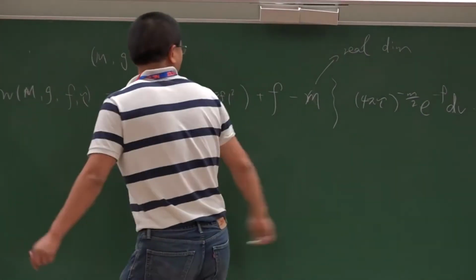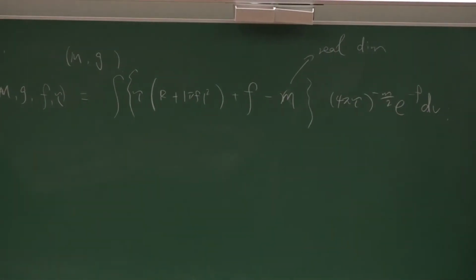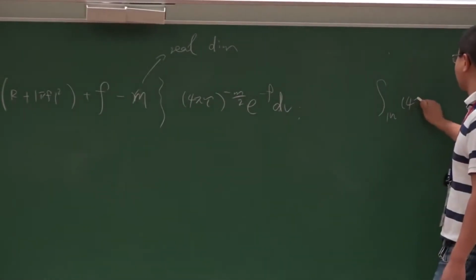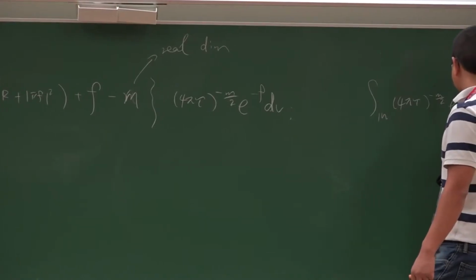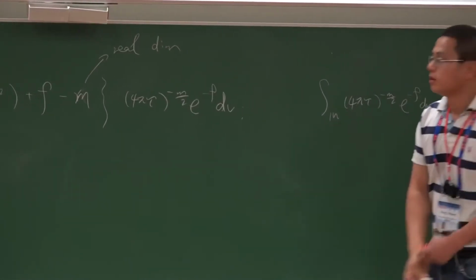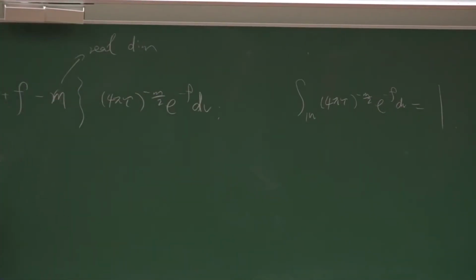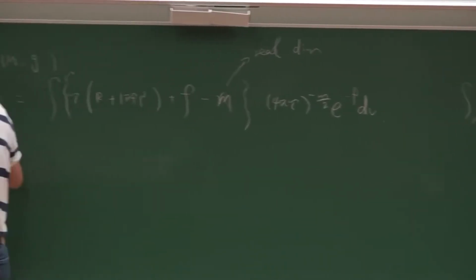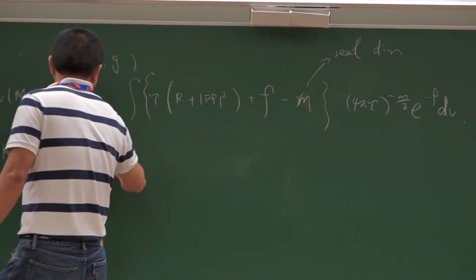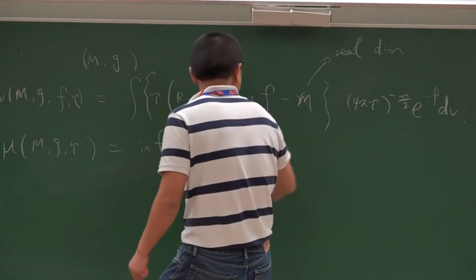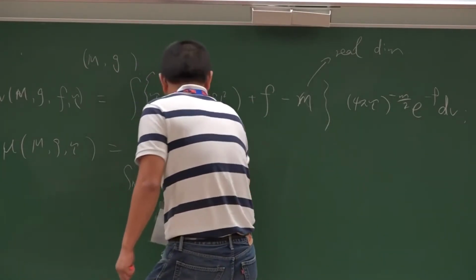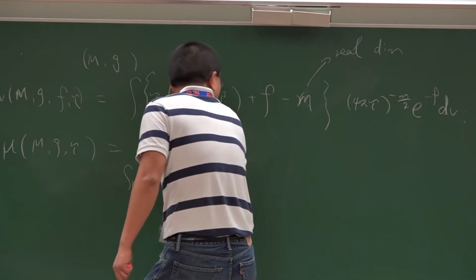And then, of course, there is a normalization condition. Then we consider the mu functional. It's the infimum of all the f satisfying the normalization condition.